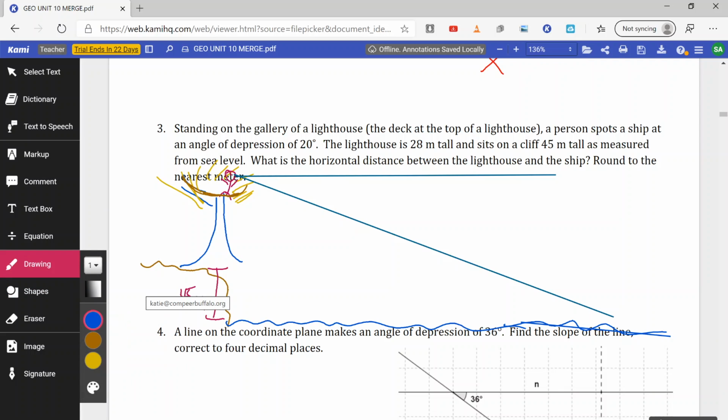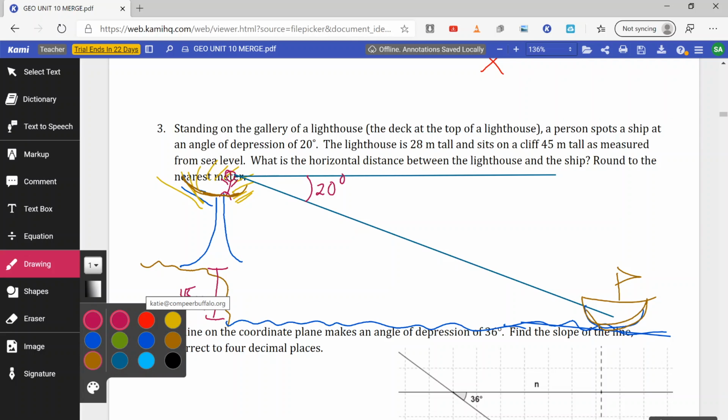And the boat is down there on the water. And we need to figure out how far this boat is from the lighthouse. So lighthouse again, cliff is 45, lighthouse is 28 meters tall.